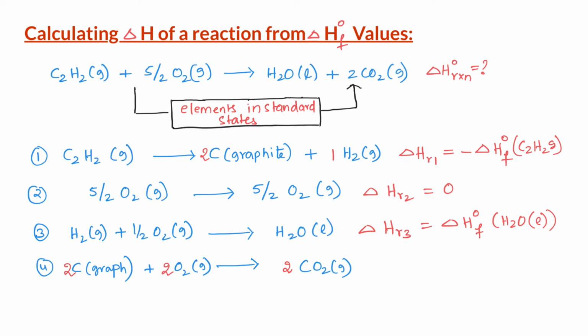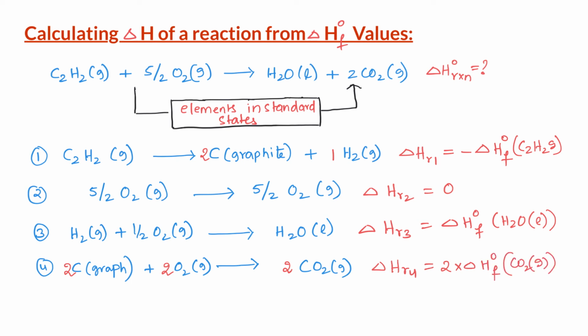Now this reaction is 2 times the formation reaction for carbon dioxide. Therefore, the delta H for this reaction is 2 times delta H0 F of carbon dioxide gas.